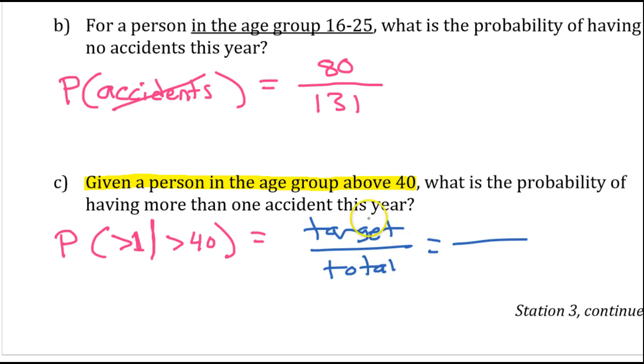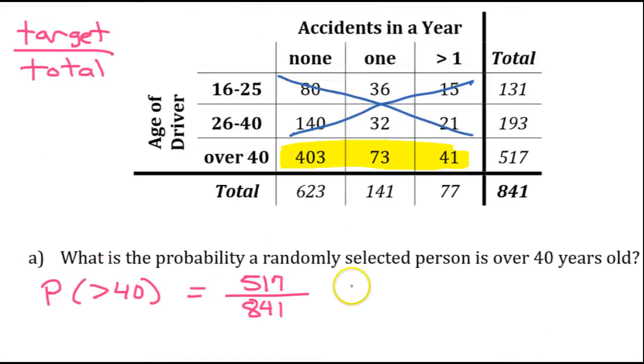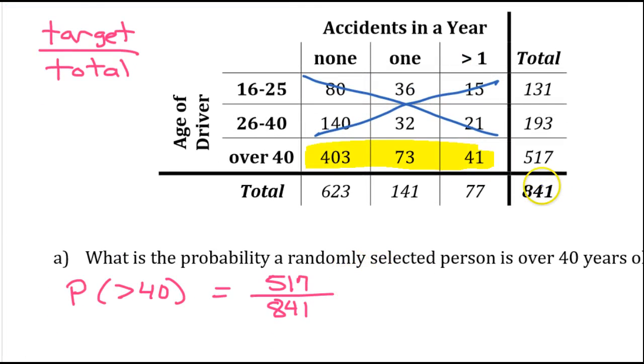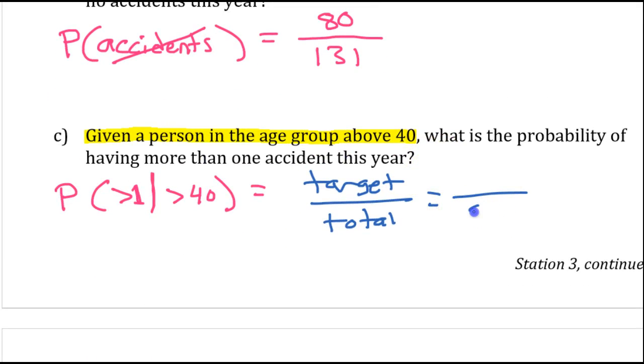We have a new total because we're only looking at the age group above 40. So that total is going to be 517. Now the target, we're trying to find the probability of having more than one accident.